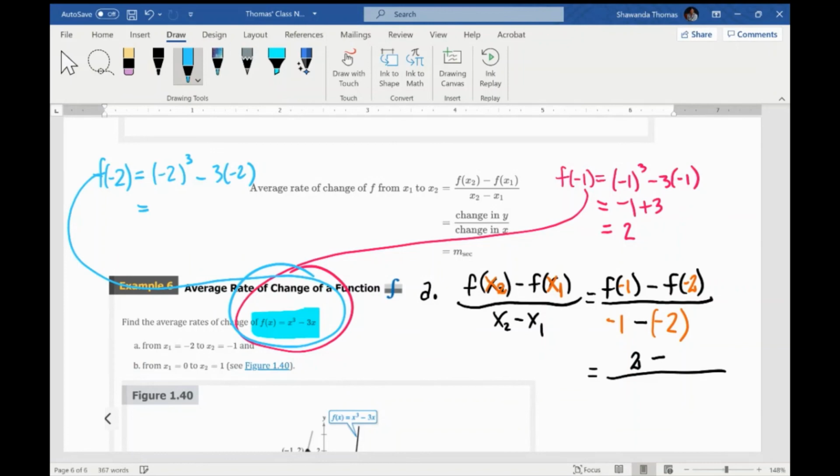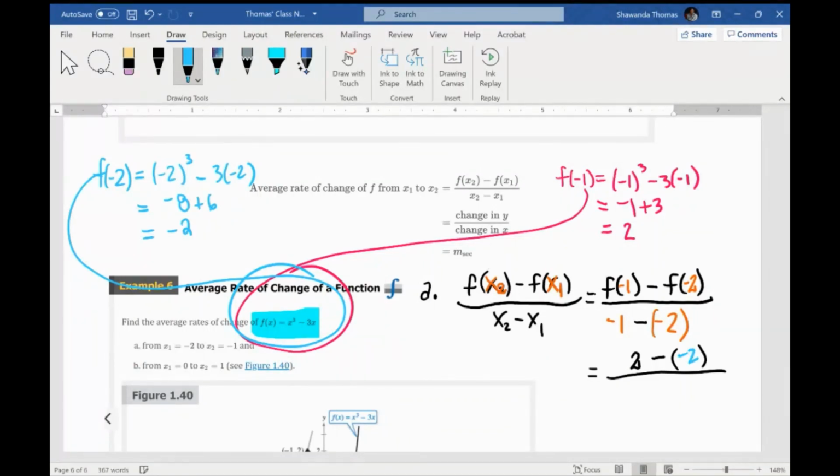What's -2 cubed? -8. Minus 3 times -2 is plus 6.